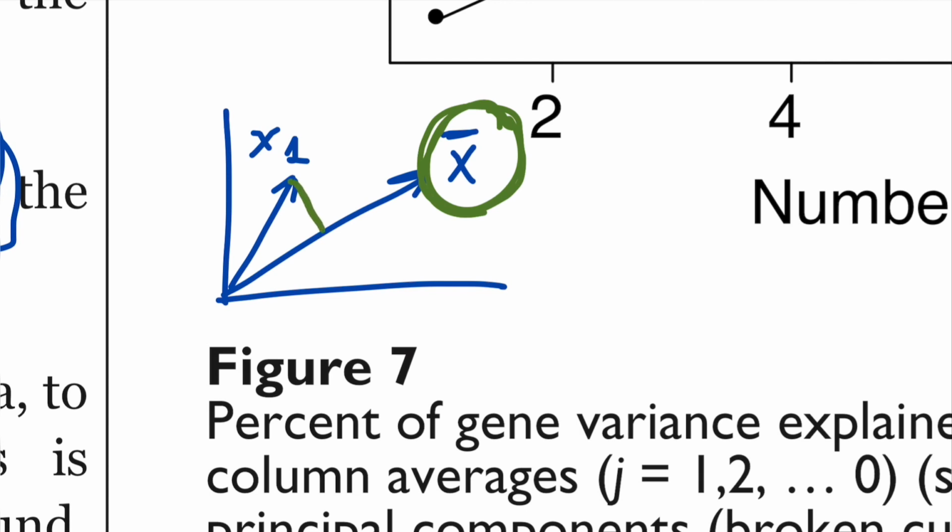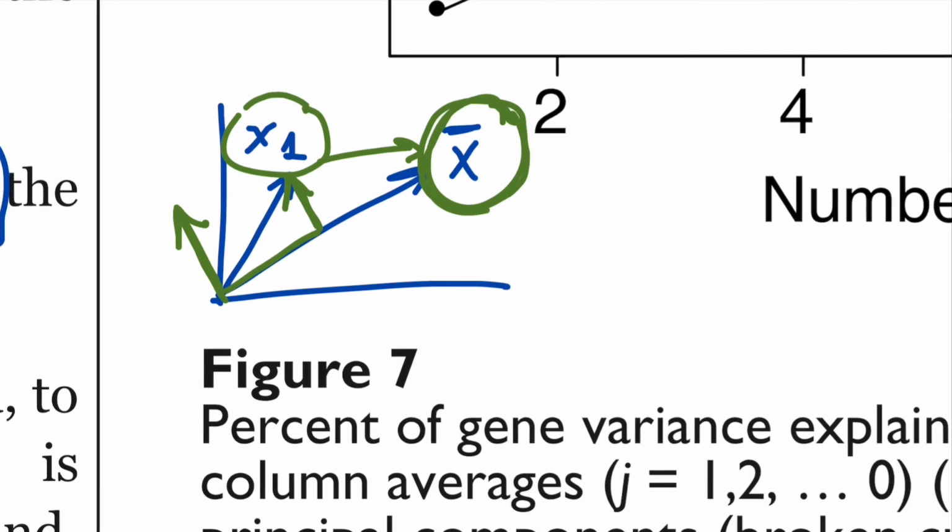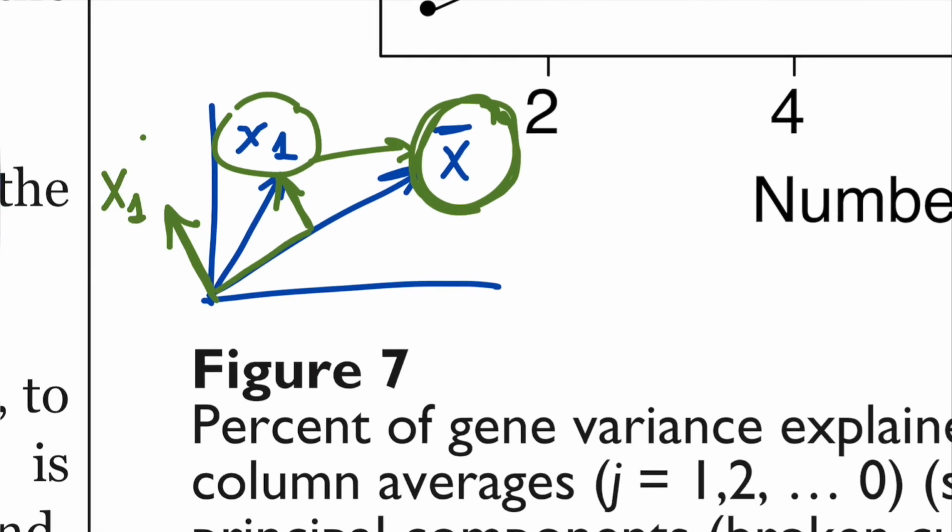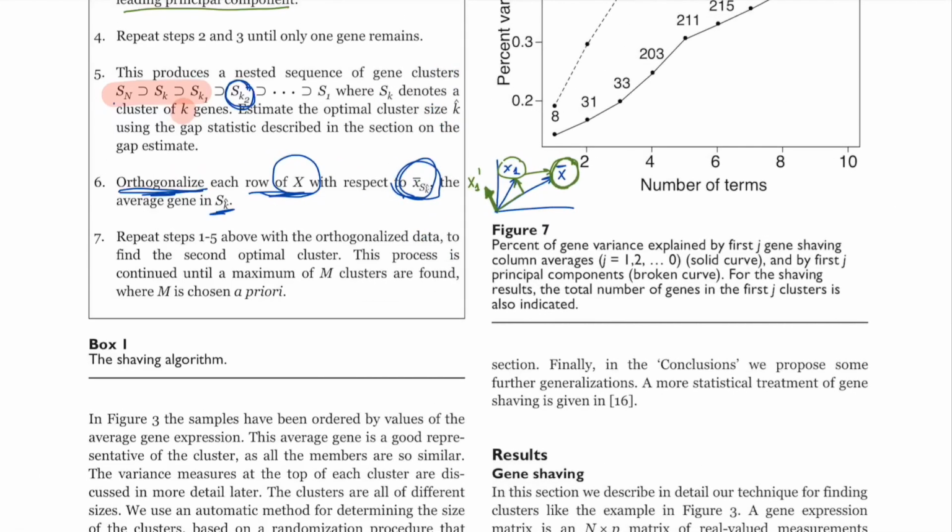That means that you are going to project all the vectors onto the mean x, and take the difference, meaning this perpendicular thing, the component of x1 that is perpendicular to mean x. So now the x1 orthogonalized is going to be a perpendicular vector of this mean gene.